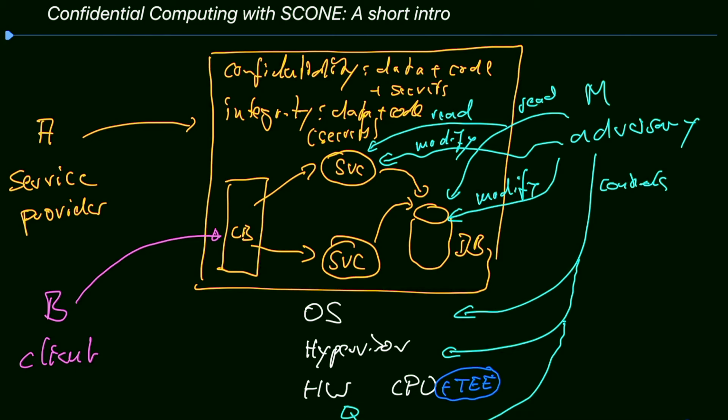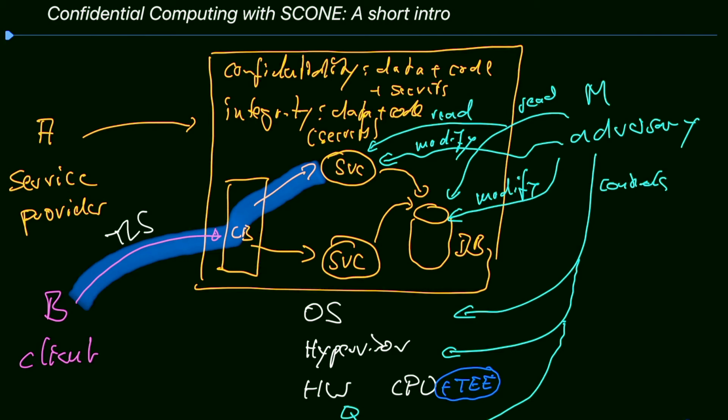And here we assume that Bob communicates with the service of Alice via TLS. So we have some TLS protection. And for simplicity, we assume in this screencast that the load balancer doesn't terminate TLS. So Bob can connect to the service.